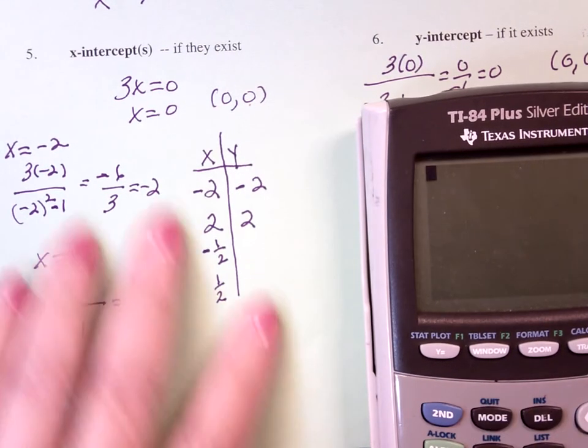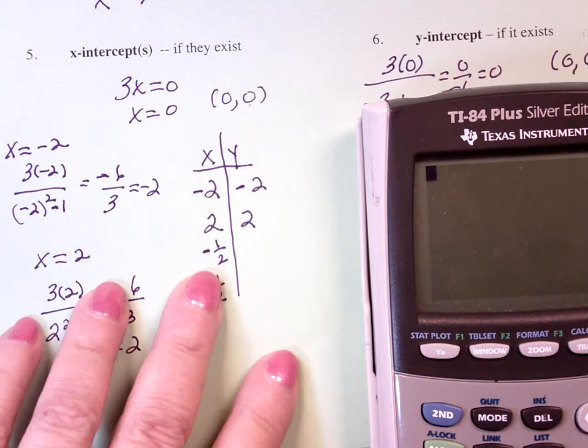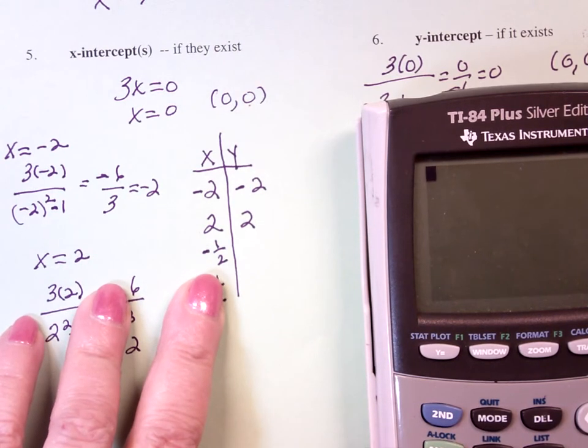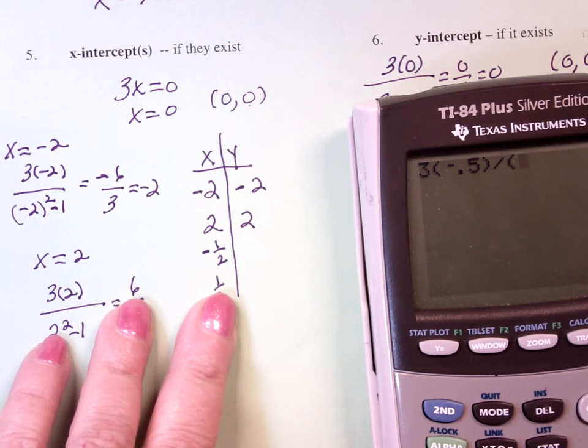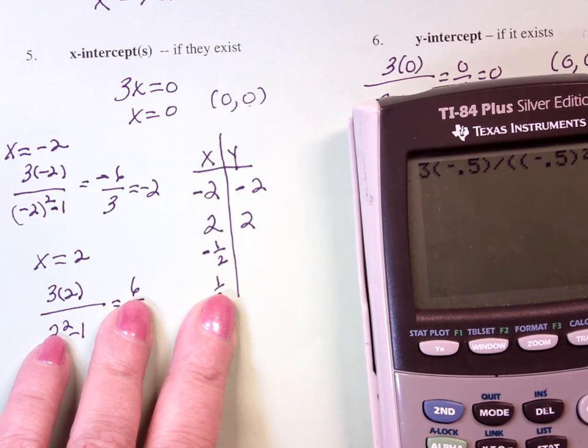Now I can of course test it out here. I'm going to put in negative a half, so I'm going to take 3 times negative 0.5 divided by parenthesis negative 0.5 squared minus 1.